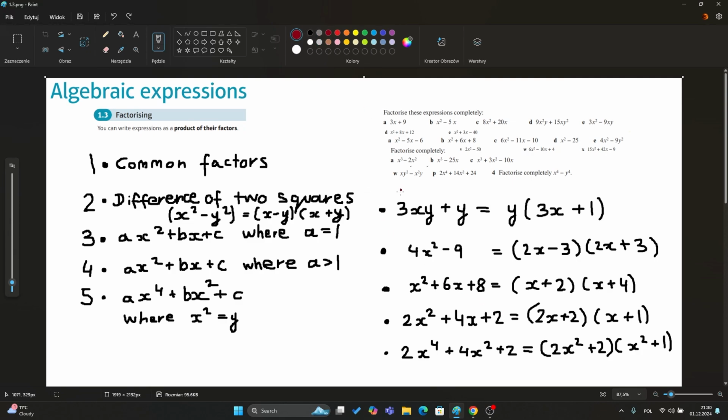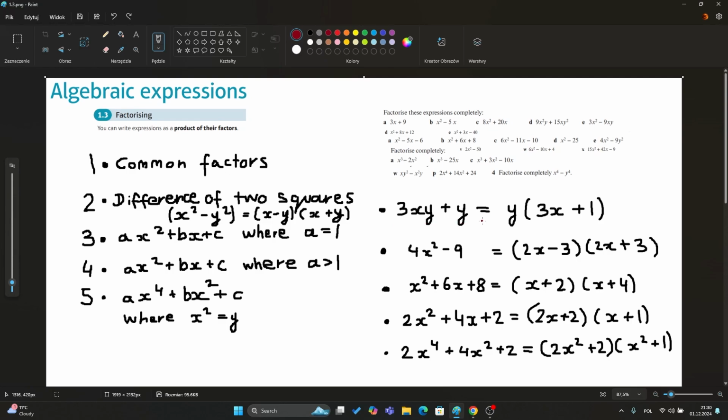So for the first one, you can see that we have 3xy plus y, which simplifies into y outside. Now why is that? Because if we look at the common factors of 3xy and y, we can see that only y is the common factor.